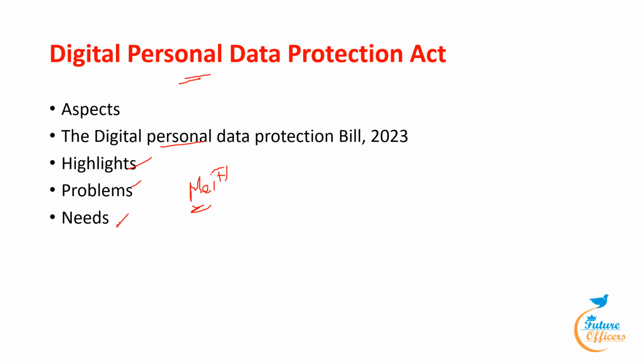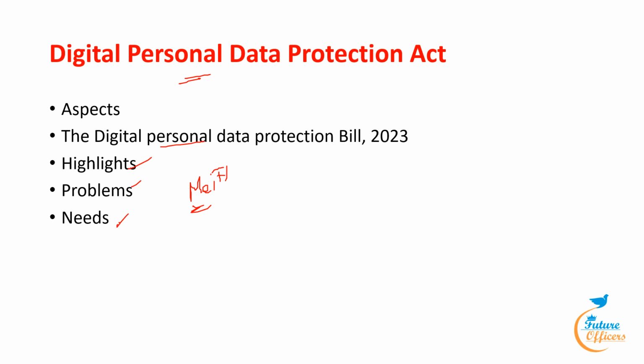Data collection, processing and retention beyond the necessary may result from exemptions of the state's right to process data on the basis of things like national security. The fundamental right to privacy might be violated by this. Risk of injury resulting from the processing of personal data is not regulated by the bill. The right to data portability and the right to be forgotten are not granted to the data principal by the bill.